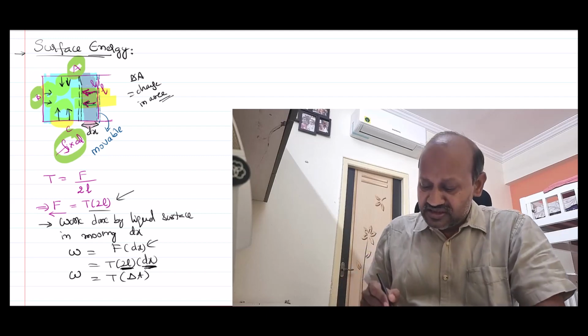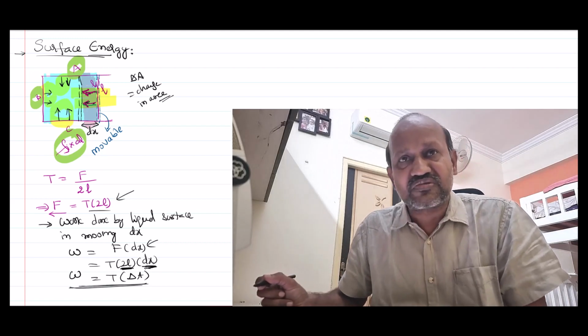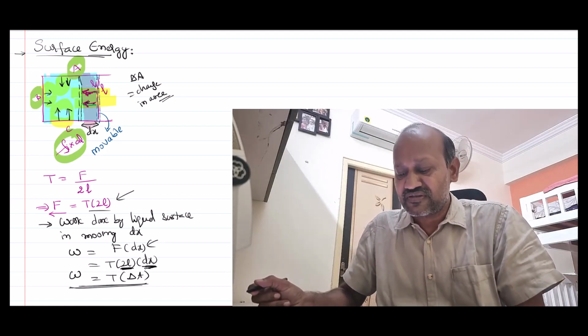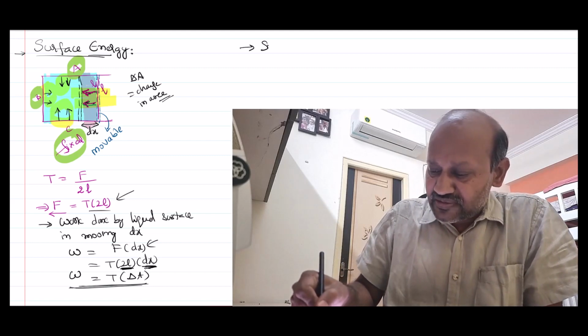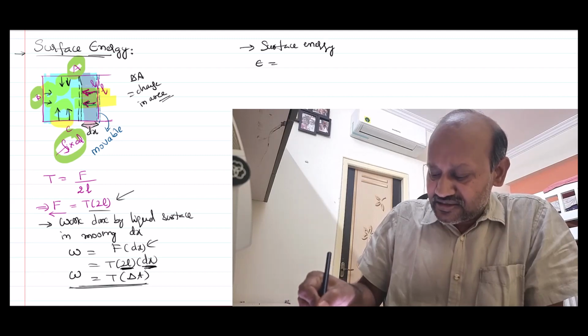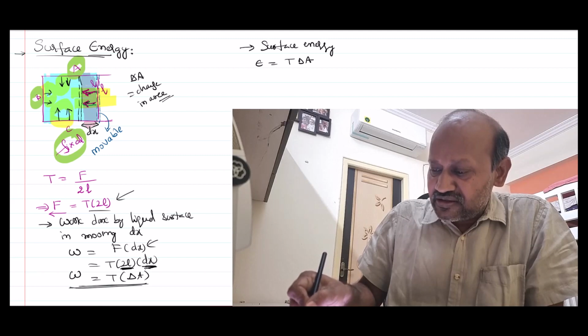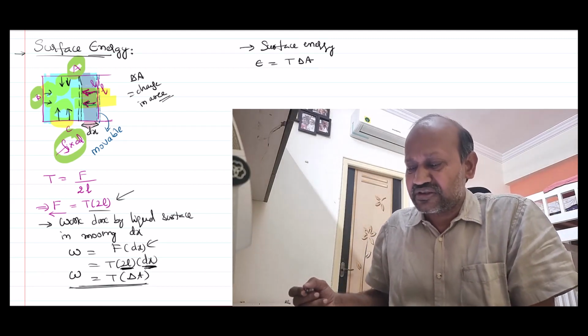This is the amount of work done by the liquid. After doing this, the work is stored on the surface of the liquid, and that energy is called surface energy. So surface energy E is equal to T into delta A, or work done equal to T into delta A.